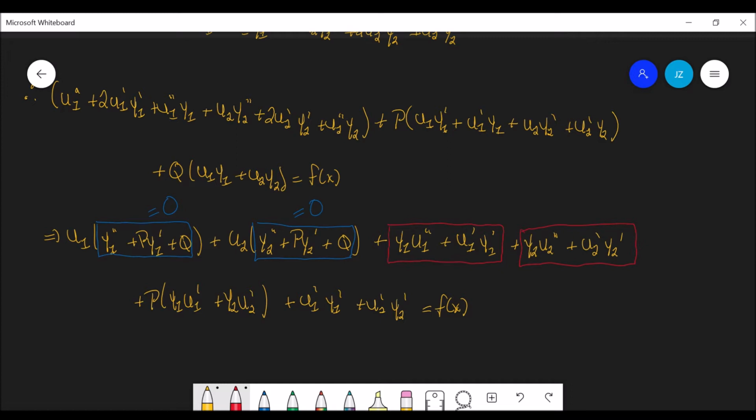Specifically, this is the derivative of u1 prime y1, and this is the derivative of u2 prime y2.